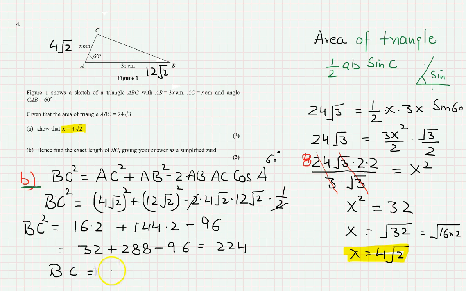So BC will be root 224. We have to write the exact length. So exact length is, if we calculate it, 224, so 224, that is 112, divided by 2 is 56.